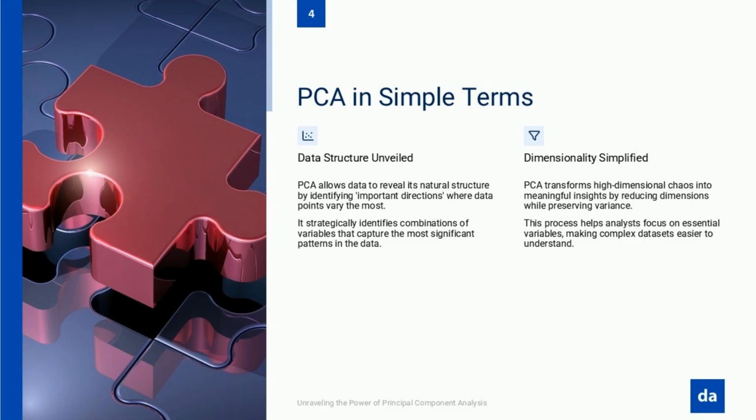This isn't just computational efficiency, it's clarity. It transforms an incomprehensible, high-dimensional space into something you can actually visualize and understand. Each principal component represents a new synthetic variable that's a combination of your original variables.